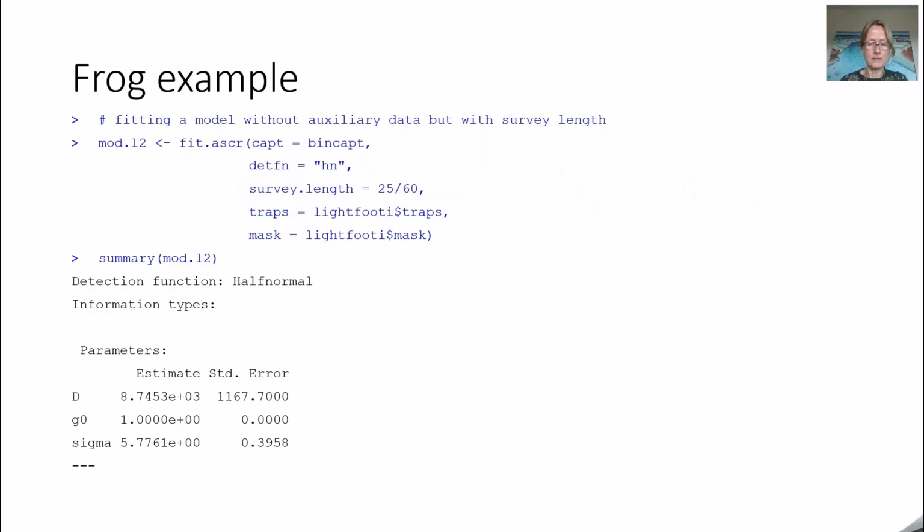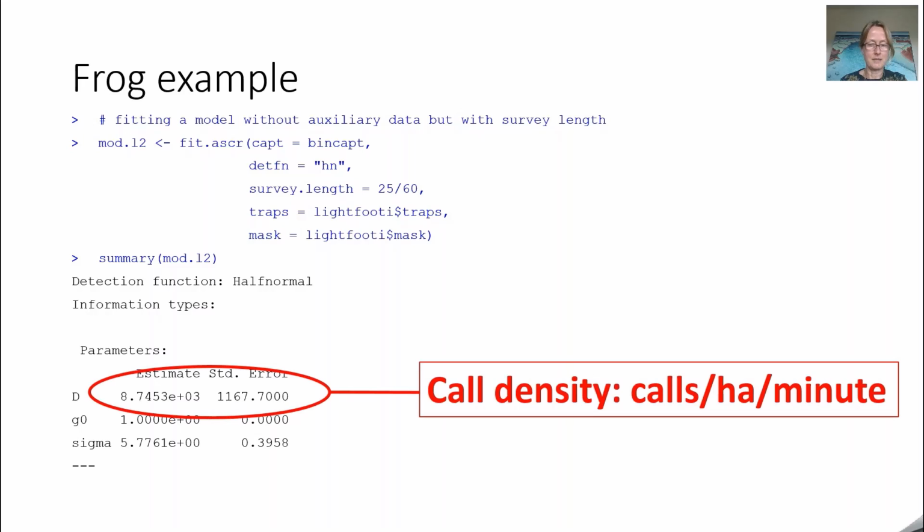So we run this model and obtain the following output. Notice that the detection model parameters g0 and sigma have not changed in comparison to before, but the density estimate has changed, and now the density estimate is call density expressed as the number of calls per hectare per minute.